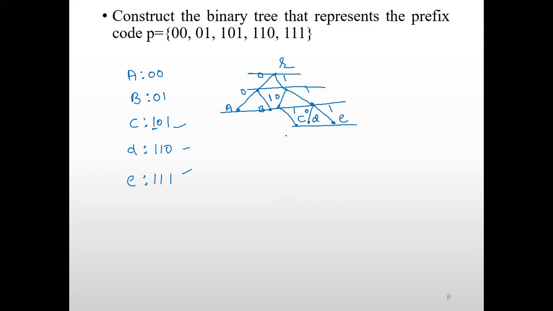So the C value is 101, the D value is 110, the E value is 111, the A value is 00, and the B value is 01. So this is how we construct the binary tree for the given prefix code. These are some of the problems that come under the prefix code. Thank you.